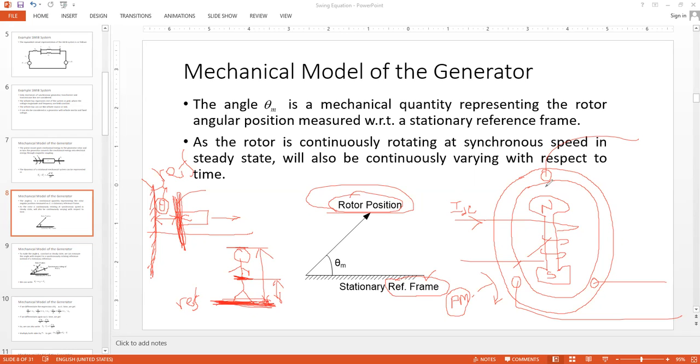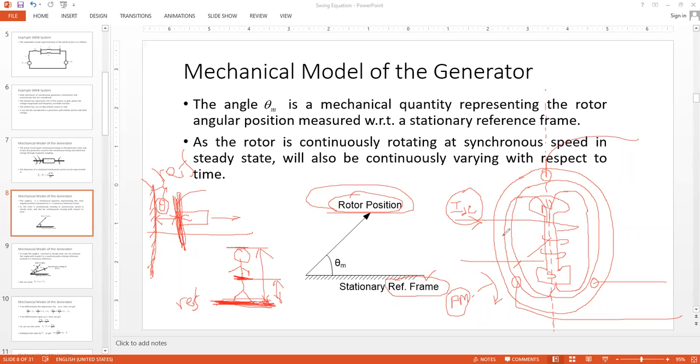Because it is a two-pole machine, usually we take the center of the magnetic field axis. Why the center of the magnetic field axis? Because when you excite the rotor coil with this DC field excitation, this is the direction from which your flux will come out, and this is the direction through which your flux will get into the core again, back.